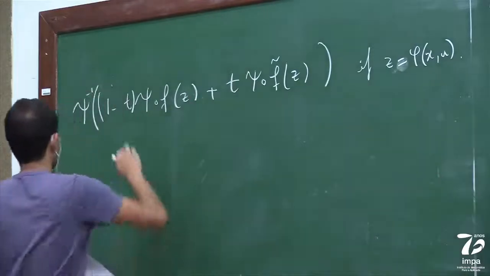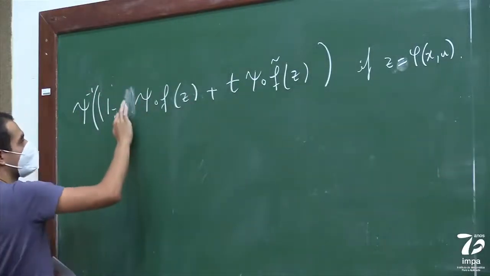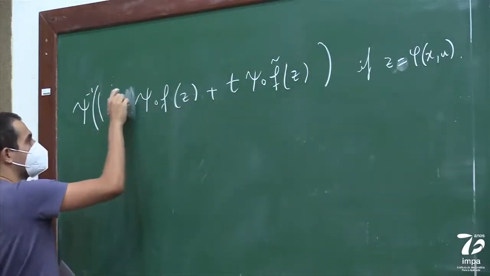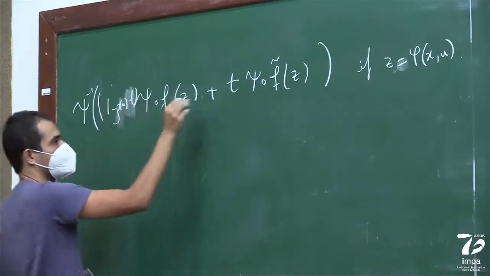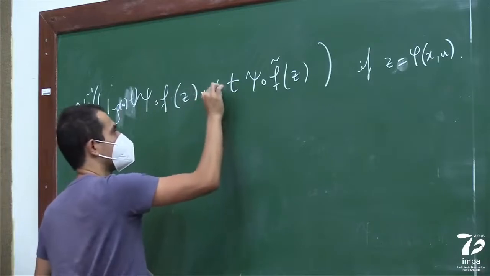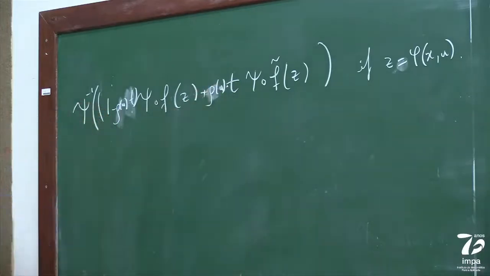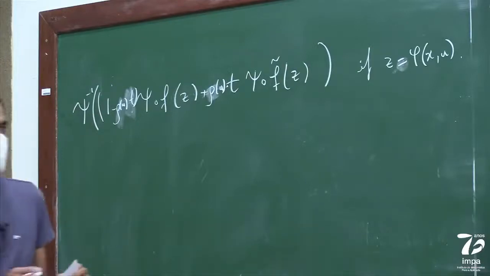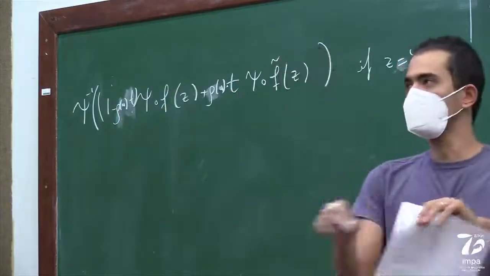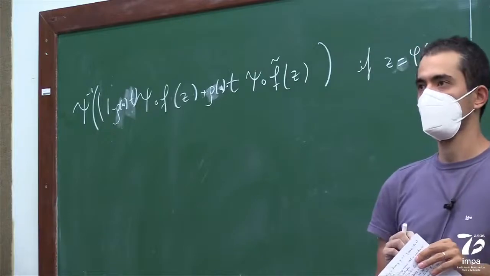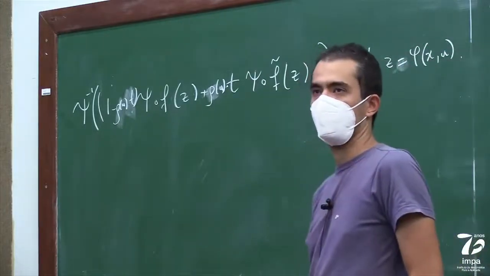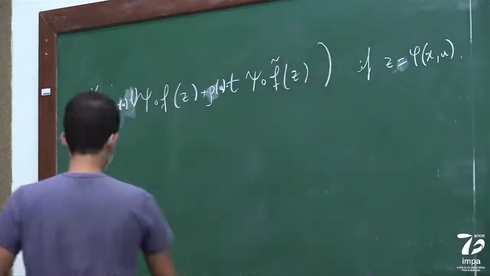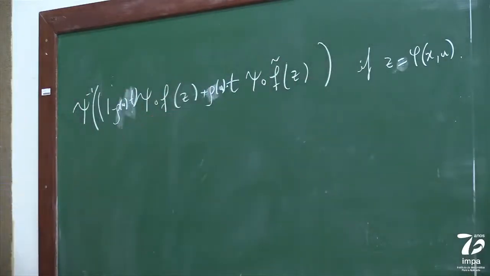So now I'm going to add this rho of u times t here, and rho of u times t here. So if you're inside this small ball of radius epsilon over 2, then you really do your linear homotopy. If you're outside that ball, then you do less and less homotopy. And at the end, when you're outside of this ball, you just have F.